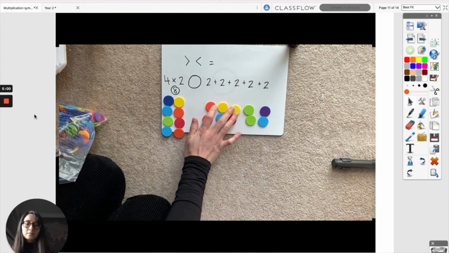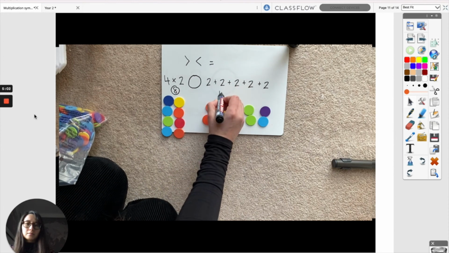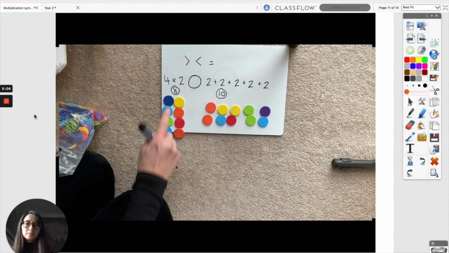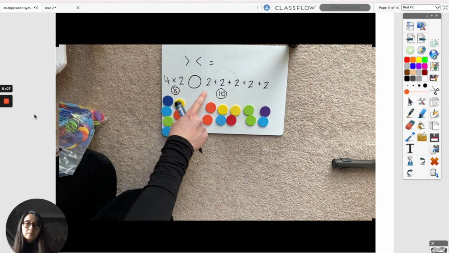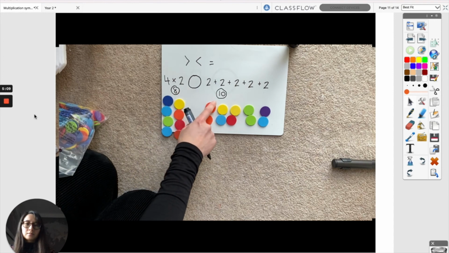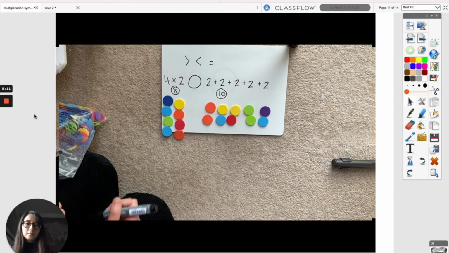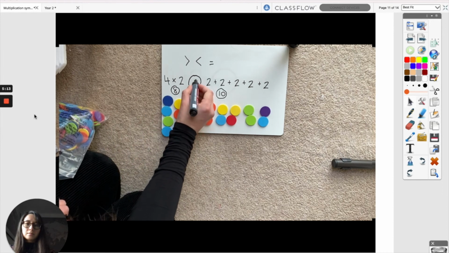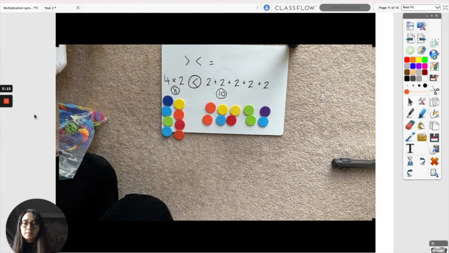So these all add up to 10. So is 8 greater than 10, less than 10, or equal to 10? 8 is less than 10. So now have a go at the challenge questions.